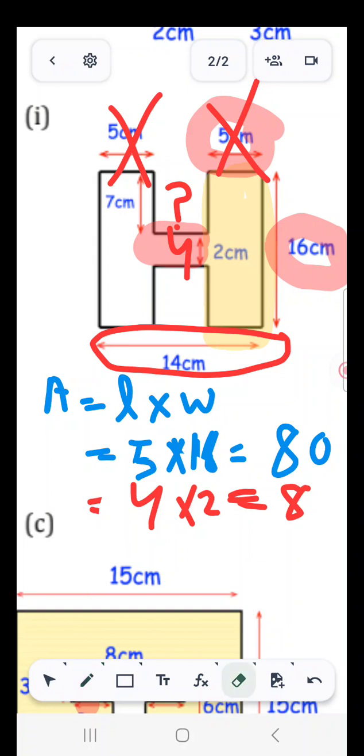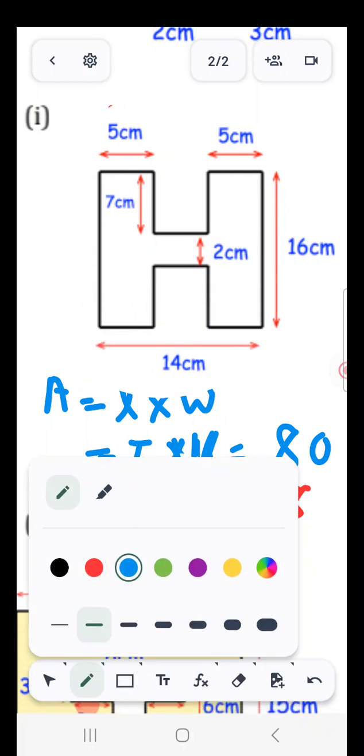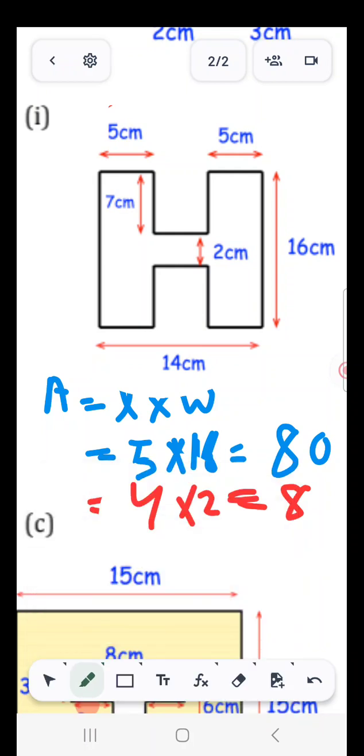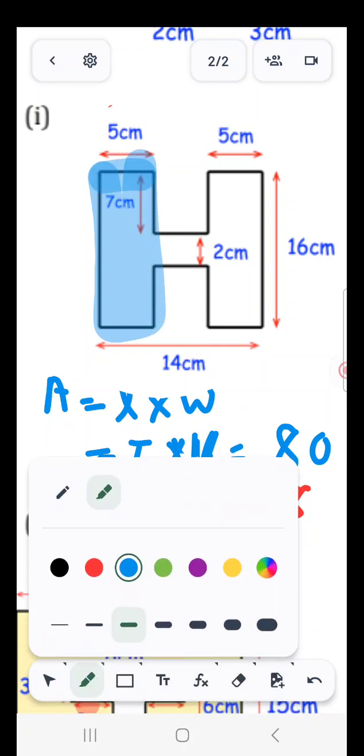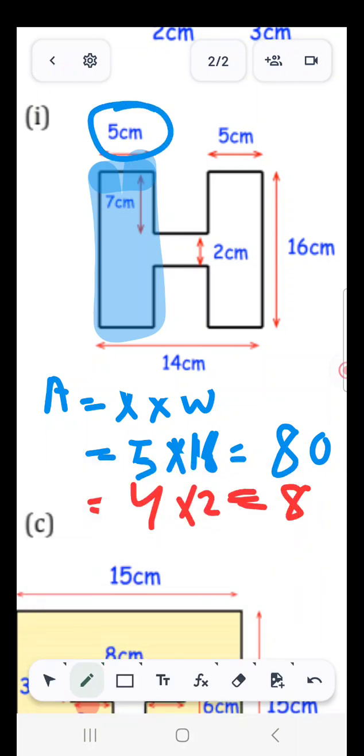Okay, now let's rub the highlighted region. The last but not the least is the highlighter. I can use the blue color highlighter. The length is already 5 here, you can see, so I can write the 5 here.